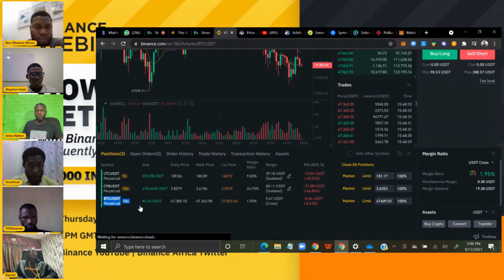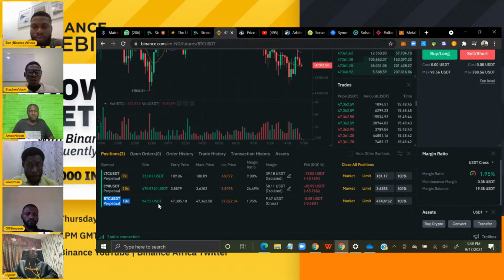So it allows me, just like Amek explained, to trade with more than your balance. Since I used 10x on this trade, it automatically means that I used $94.7 on this trade instead of $9.47.